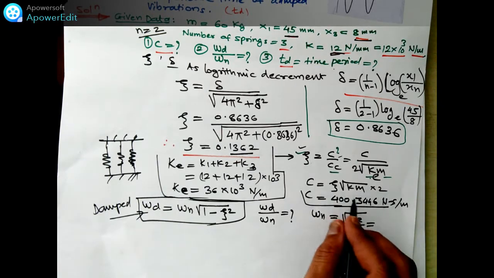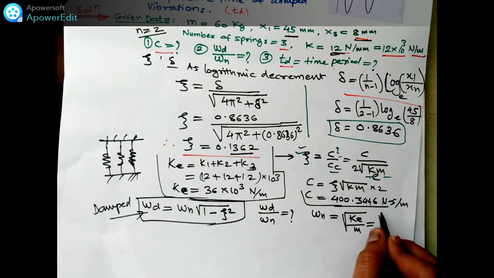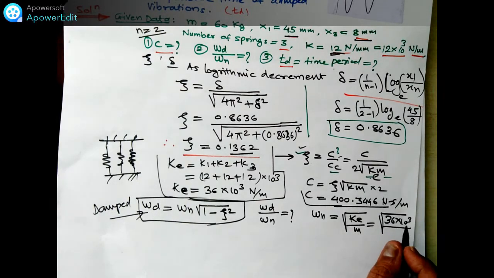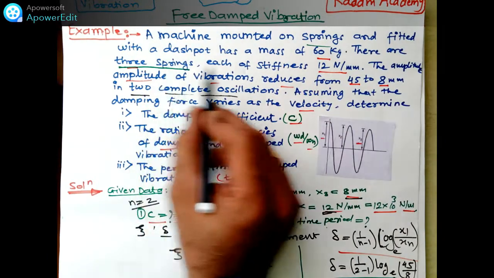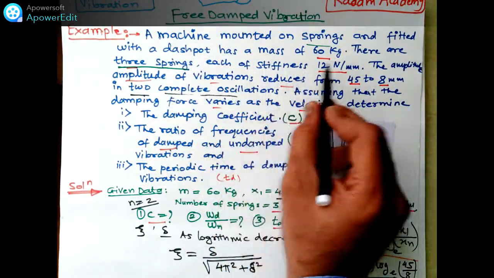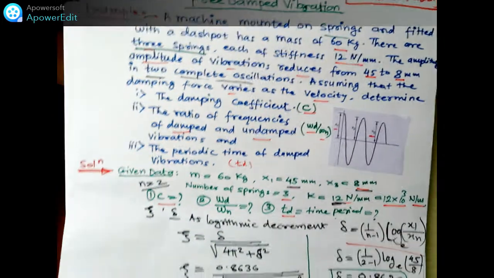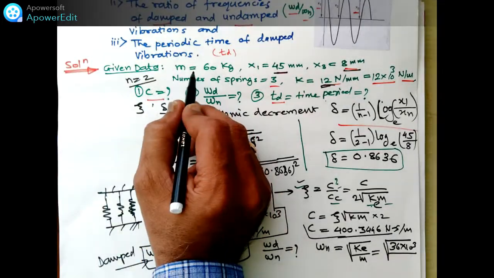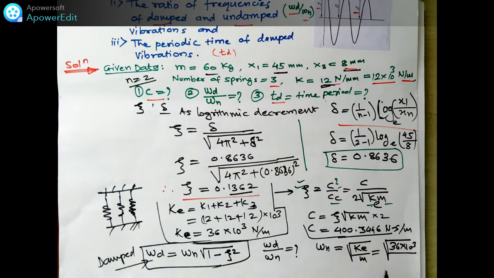The value of Ke is 36 into 10 raised to 3. And what is the value of m? M is given in this numerical. The dashboard, this total machine mounted on this one, has a mass of 60 kg. It is also written here, mass of 60 kg.